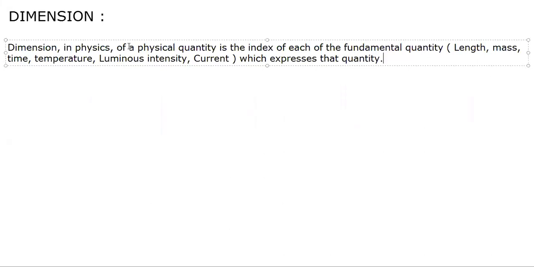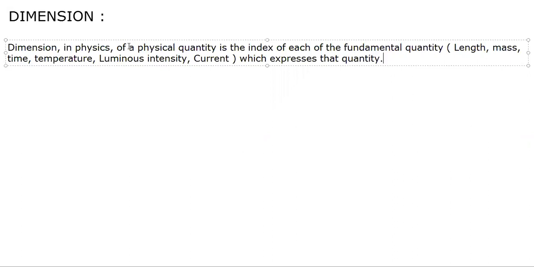Now what this definition means? It means that every quantity in physics can be expressed in terms of fundamental quantity. For example, let us say if I talk about speed, speed is equal to distance upon time. So speed can be expressed in terms of distance and time.